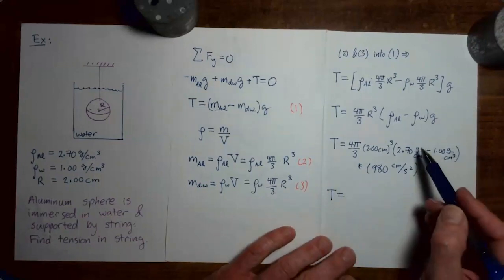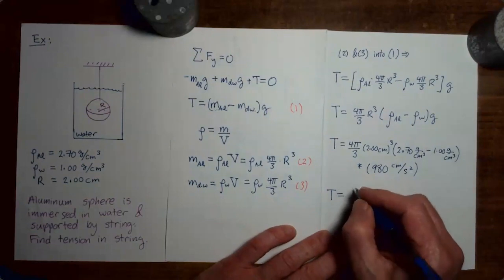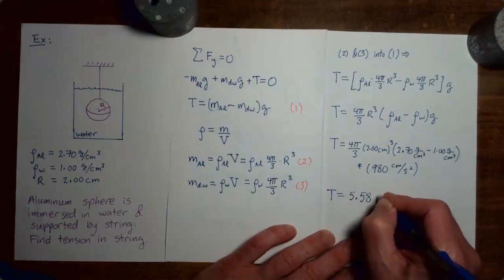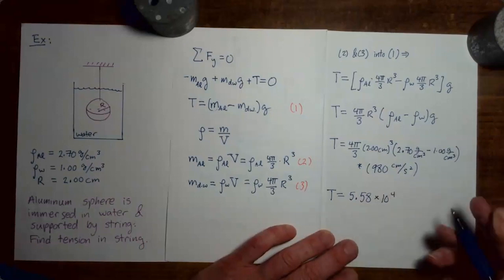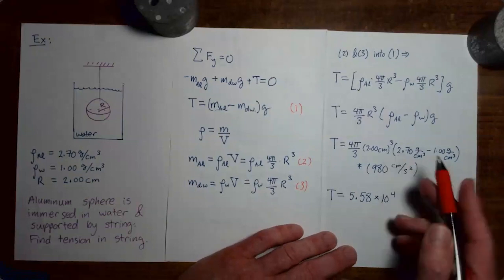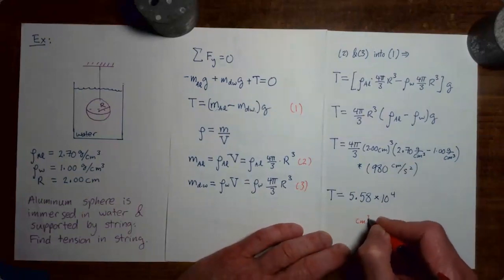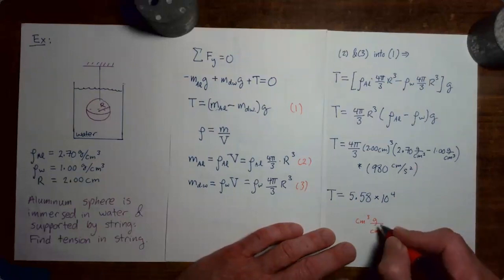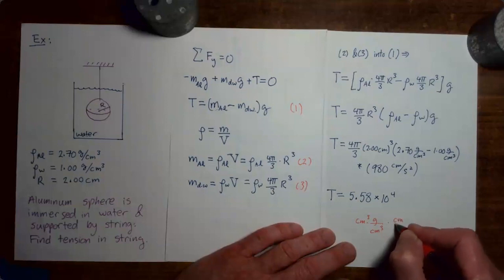Now, just plugging all of this into the calculator, the numerical value I get is 5.58 times 10 to the 4. Now, let's look at the units. First, we have here centimeters cubed, then grams per cubic centimeter, and then here centimeters per second squared.